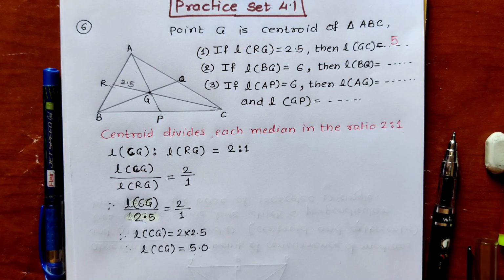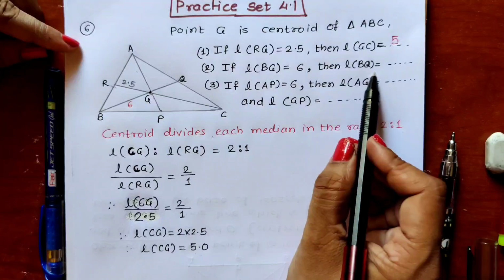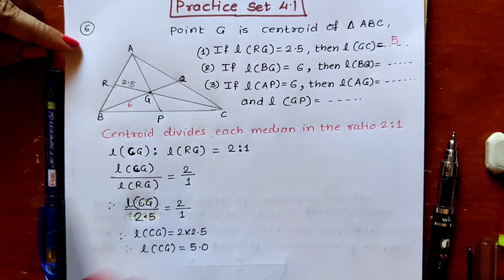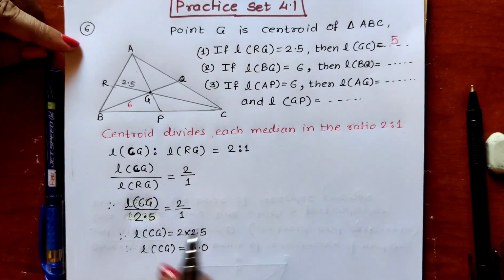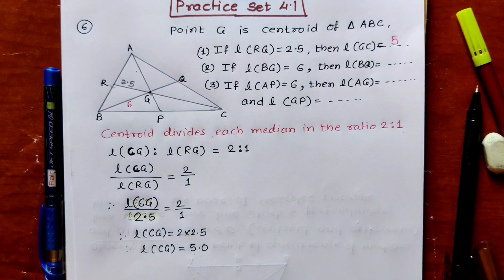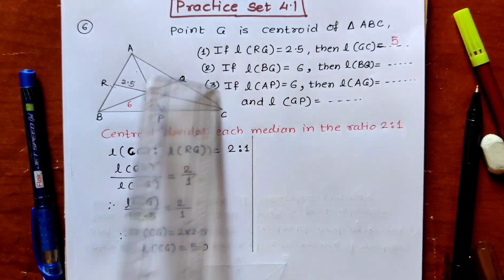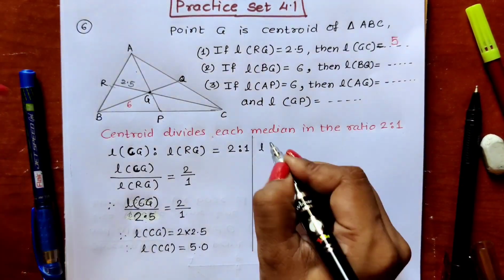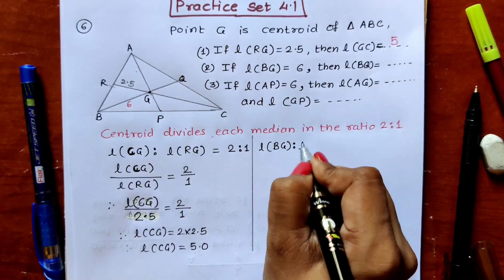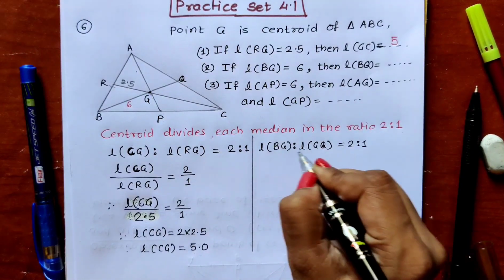Now let us see the second one. BG is 6. We have to find out BQ, the full length of this complete median BQ. Again, using this method, the ratio of length BG to length GQ will be 2:1, bigger part to smaller part.